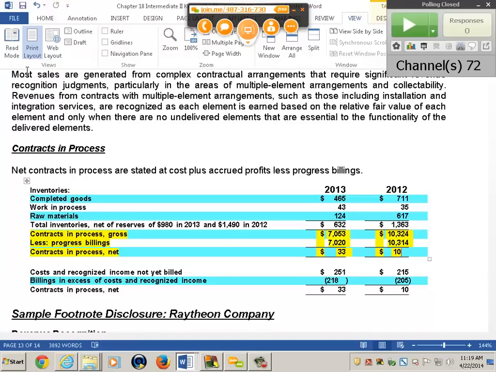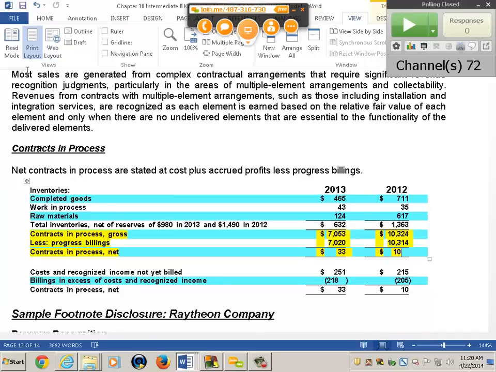What's the journal entry you make when you have a completed contract? Yeah, you debit CIP, and what do you credit? You credit CIP, what do you debit? How do you close out the contract? What are we going to debit? No, you credit the... The billings.